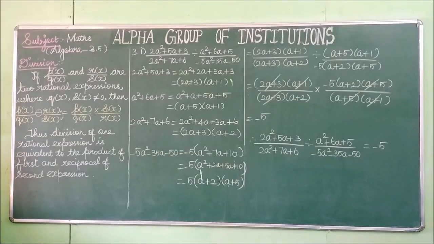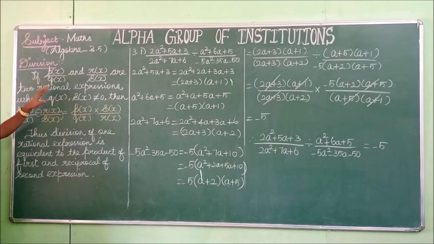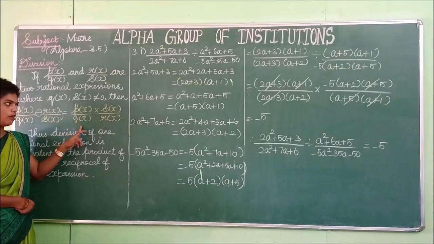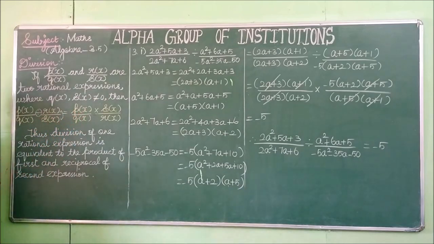Okay. As we saw already about the multiplication of rational expressions, now we are going to see the division of rational expressions. So see here, if p of x by q of x and r of x by s of x are two rational expressions where q of x, s of x are not equal to 0, then p of x by q of x divided by r of x by s of x is equal to p of x by q of x, and in this condition you have to look carefully.